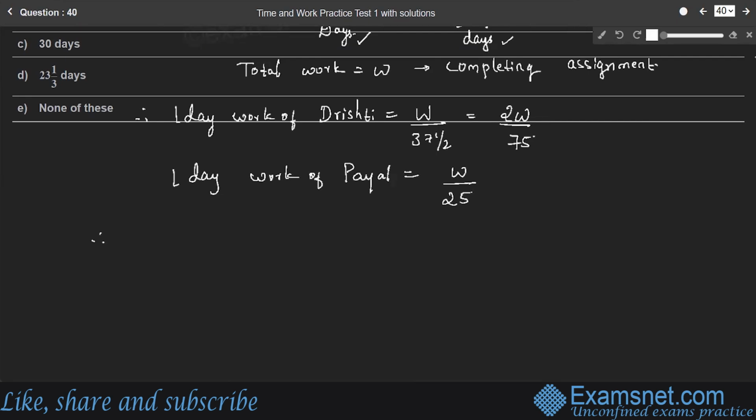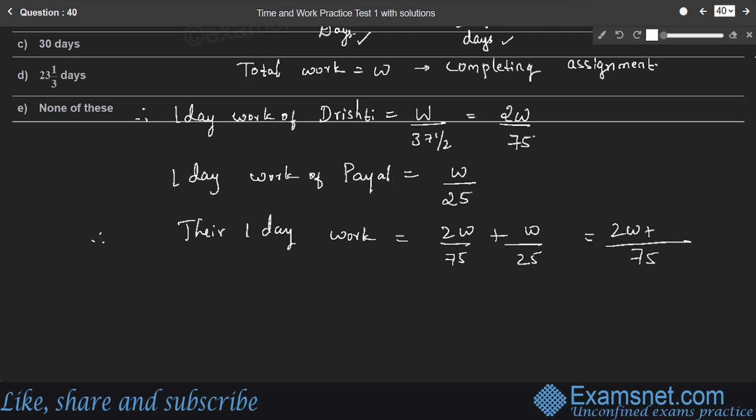Therefore, if they work together, their 1 day work becomes the sum of their 1 day work, 2W by 75 plus W by 25. Since 75 is the LCM, the numerators become 2W plus 3W.